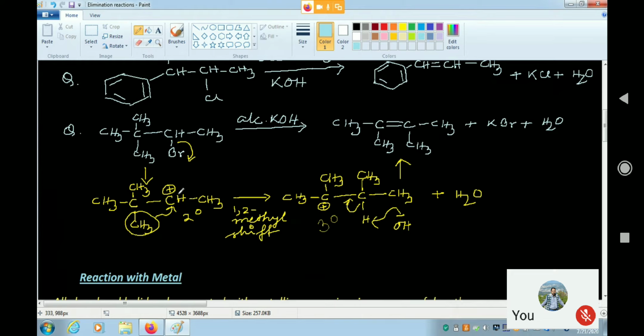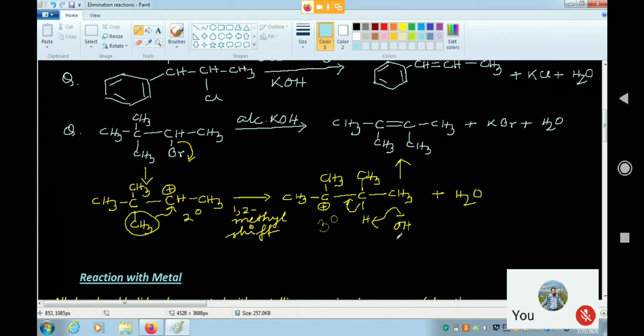Now this carbocation is a 2-degree carbocation. Now the adjacent CH3 group with its two bonded electrons is shifted to this carbocation. So it is stated as a 1,2 methyl shift, giving rise to a more stable 3-degree carbocation, and therefrom the elimination of hydrogen from this carbon gives rise to this more substituted alkene.